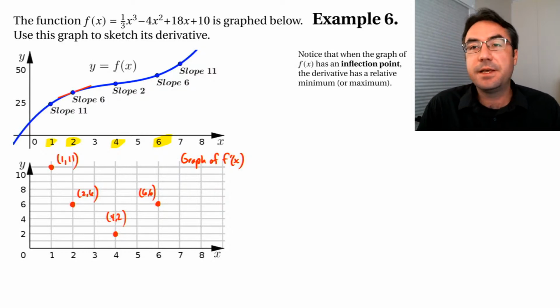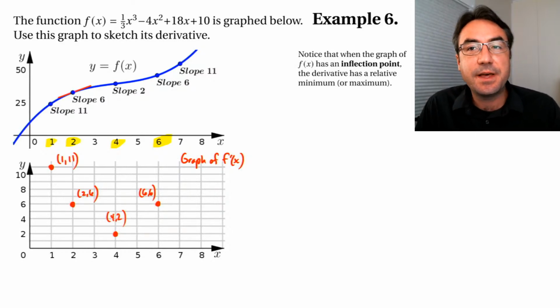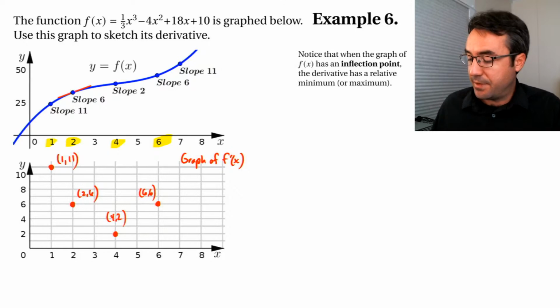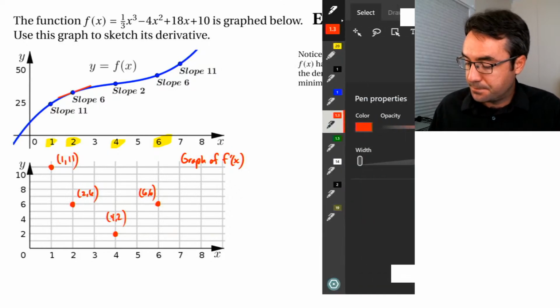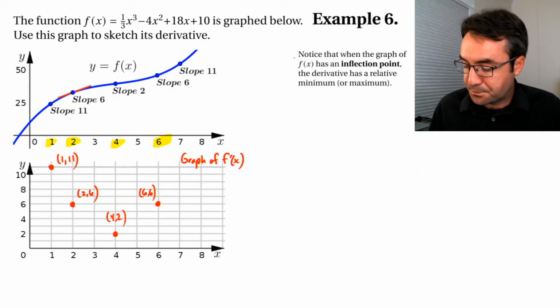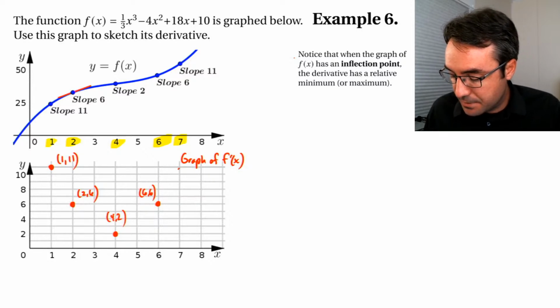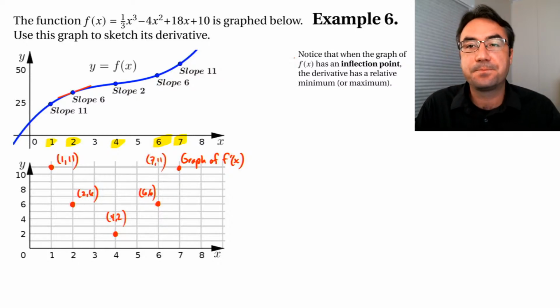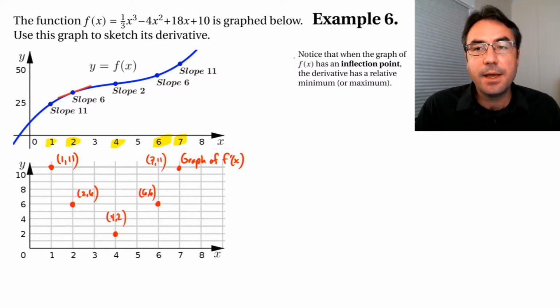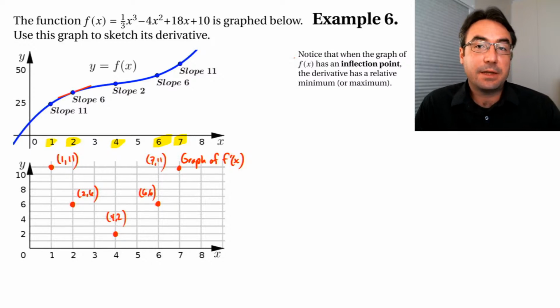And then finally, at x equals 7, we estimate that the slope is 11 there. So let's plot (7, 11). And we're just going to connect the dots.